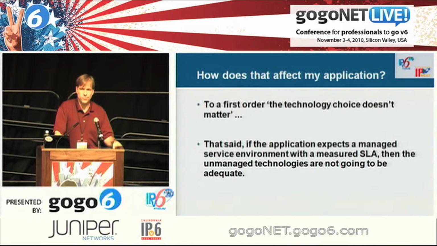It's making sure that all the pieces come together. I do have some v4-only stuff around. Eventually I'll have some v6-only stuff, and I'll have to have a translator. Unmanaged technologies should not be in the path of a managed service. Just don't even go there. So you have to think about the way the technology gets deployed and what your intent is at the end of the day.